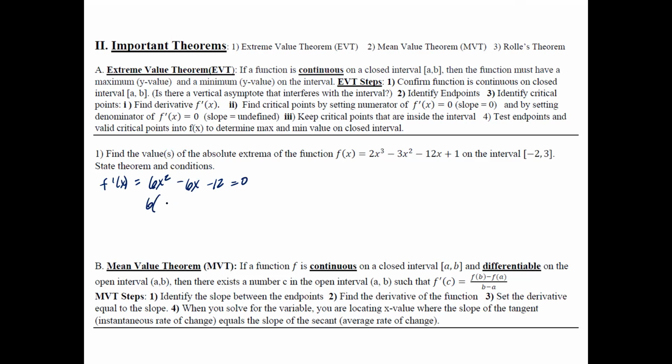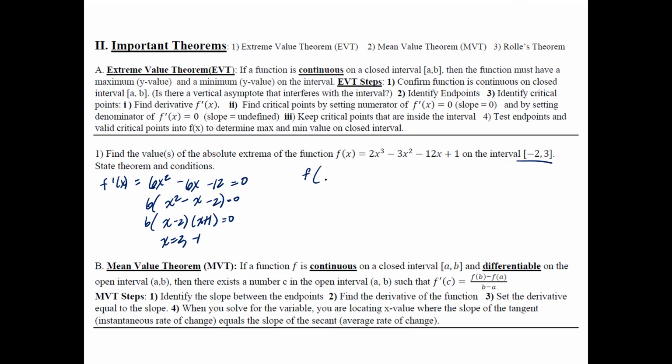Well, I can factor out a 6 equal to 0, and then x minus 2, x plus 1 equal to 0, so x equals 2 and -1. And both of those will be on the interval, so that's good. So I could use both of those as a critical point.